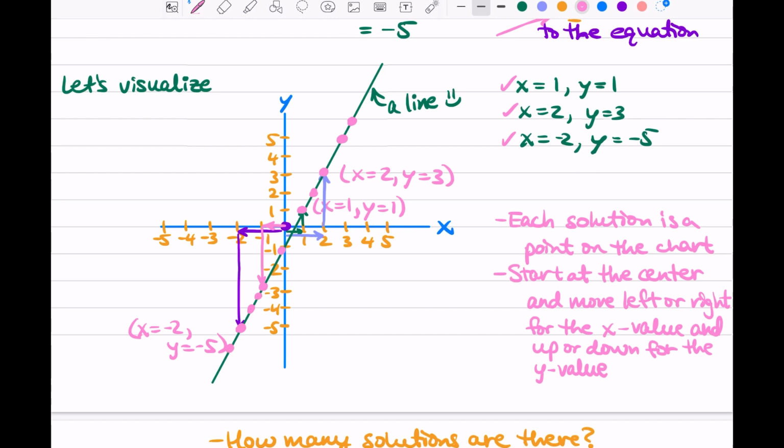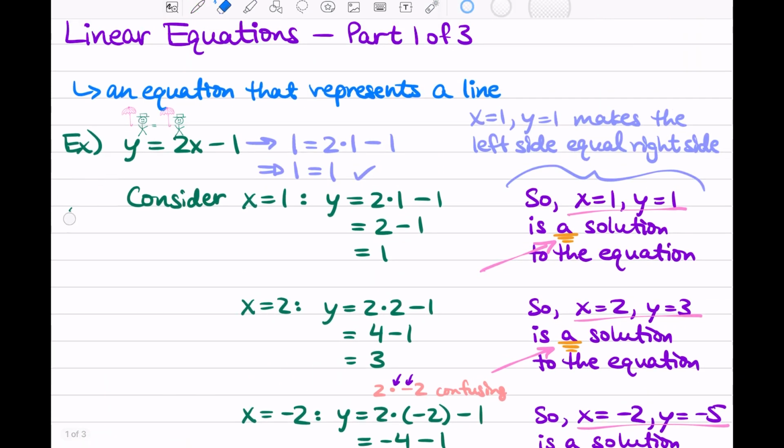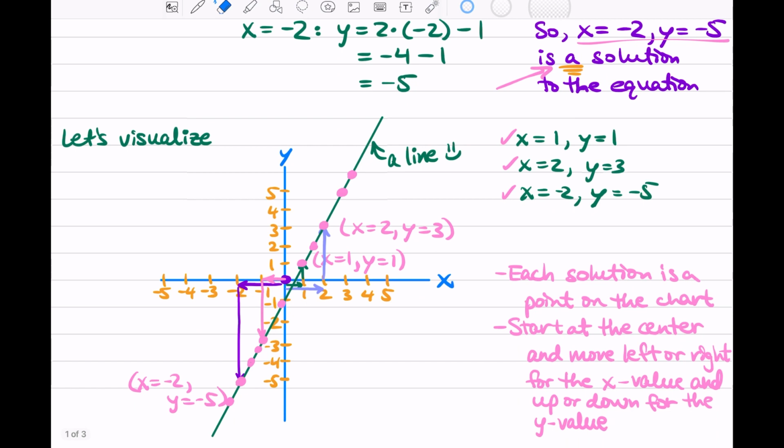And all of these infinite dots, that is what forms the line. That is what our linear equation tells us. It tells us when you consider all of the x's that you can plug in here, we just picked 3 right here, remember? Well, when you consider all the x's that you can plug in there, and then all the y's that come out of that, that forms these pink dots, that forms this line.